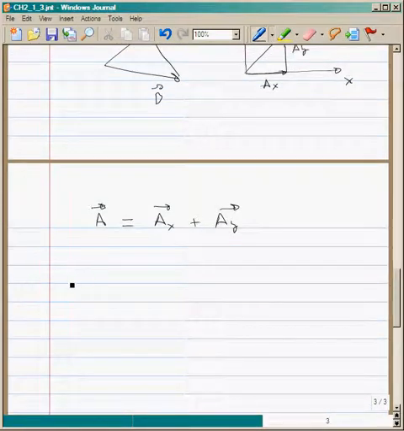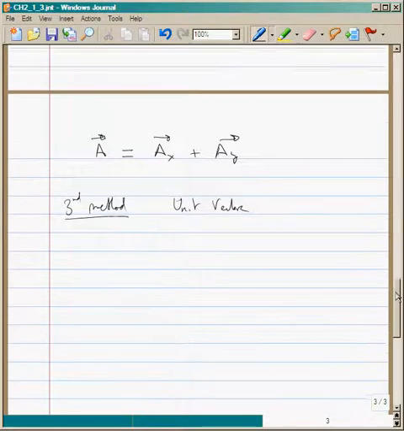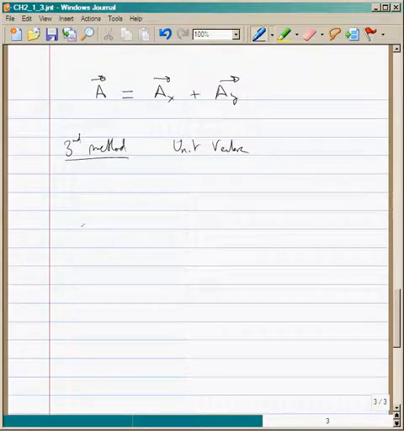The third method is to use unit vectors. What we can do is take any vector A, which can have any length, and write it in terms of the unit vector, which is another vector with the same direction as your vector A, but whose length is 1.